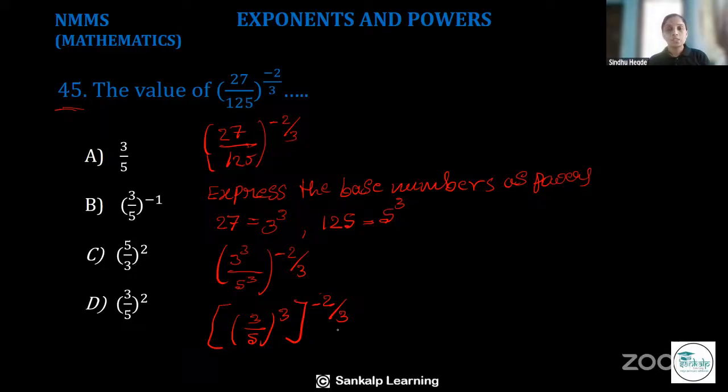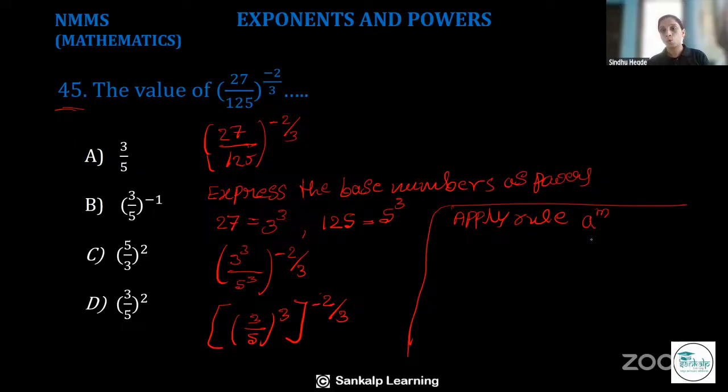Now simplify this one. Apply the rule. That rule tells that a raised to m whole raised to n is equal to a raised to m into n. Similarly, here 3 by 5 the whole cube is in the place of a raised to m, and in the place of n is minus 2 by 3. So apply the same formula and multiply the powers.